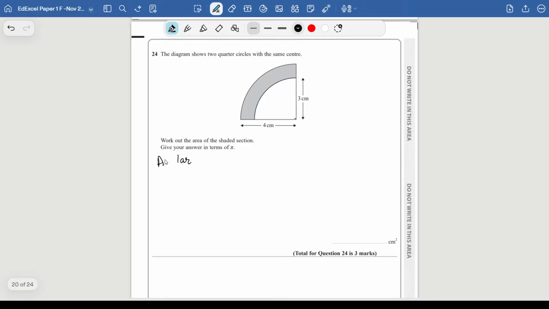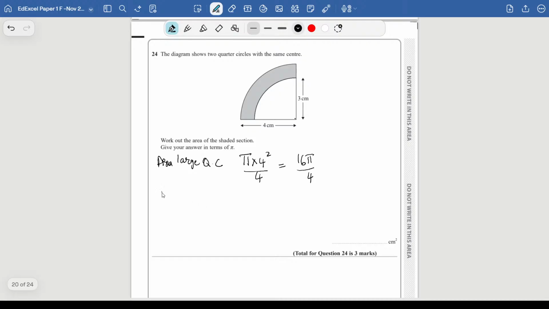We know the area of a circle is pi r squared. Here r is 4, so pi times 4 squared. Since it's a quarter circle, you need to divide it by 4. So that's 16 pi over 4. I'm not going to simplify anything here because it wants the answer in terms of pi. So let it be like that.